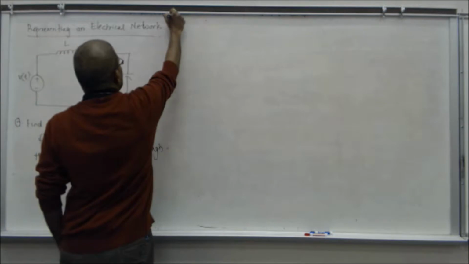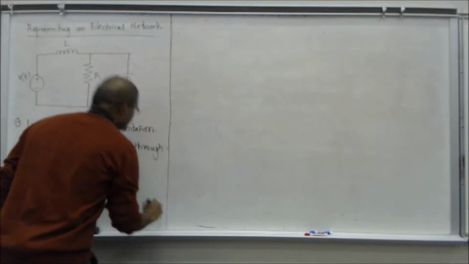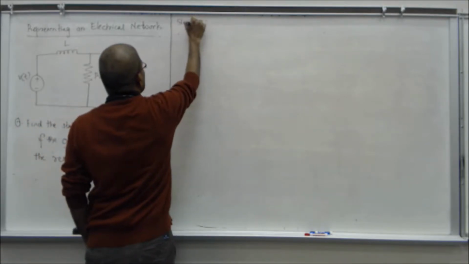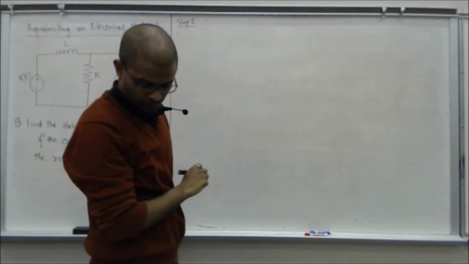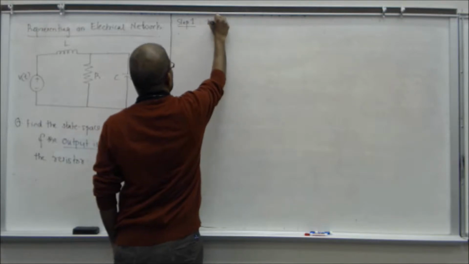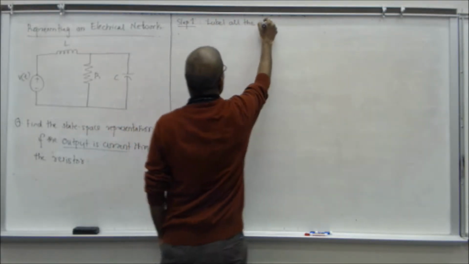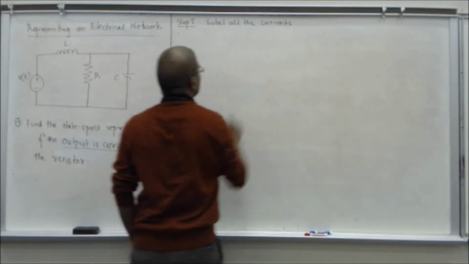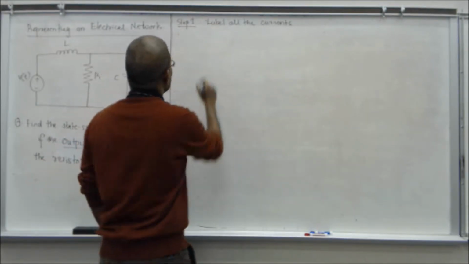If you're given such a thing, we look at the different steps. Step 1, you'll label all the currents in the network.